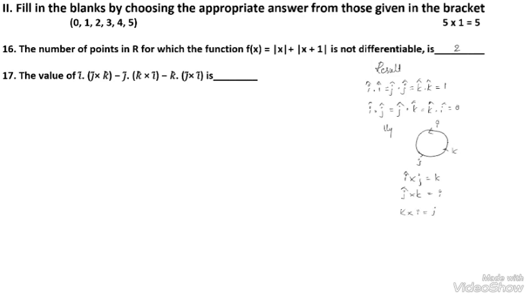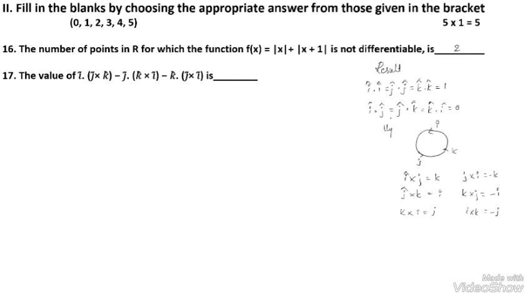If we move in the anti-clockwise direction, the values become negative. That is, j cross i will be minus k, k cross j will be minus i, and i cross k is minus j.